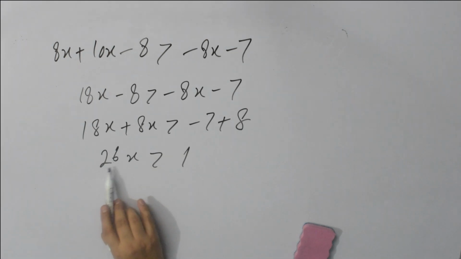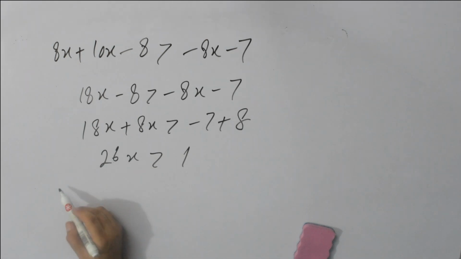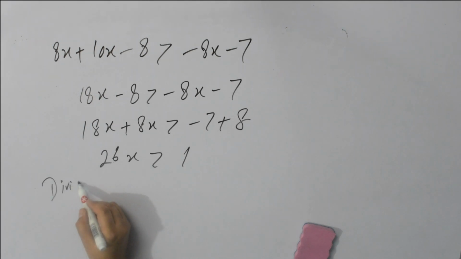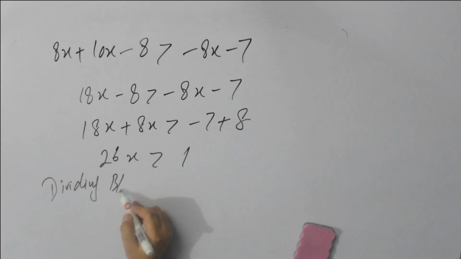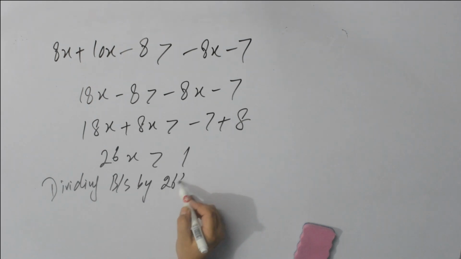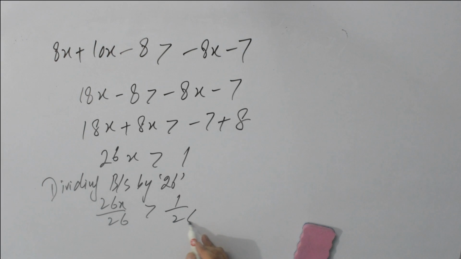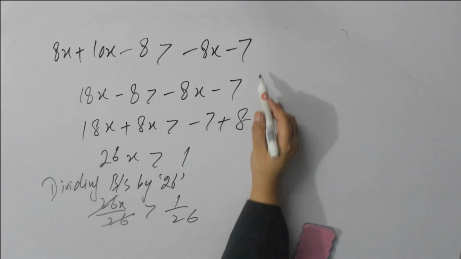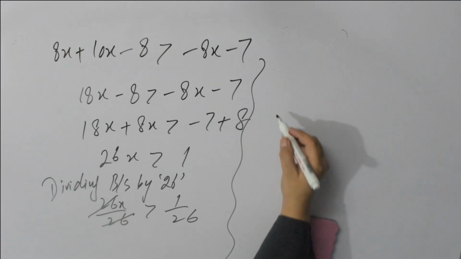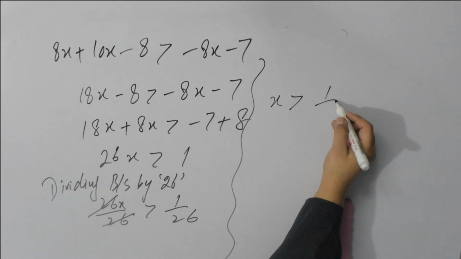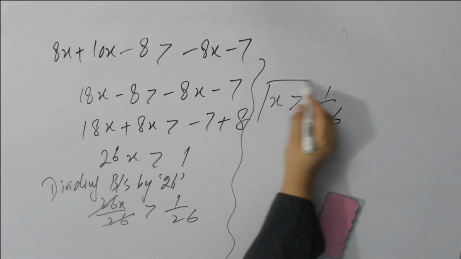Again you have to find the value of x, that is, you have to divide by 26. They will cancel, and x is greater than 1 upon 26.